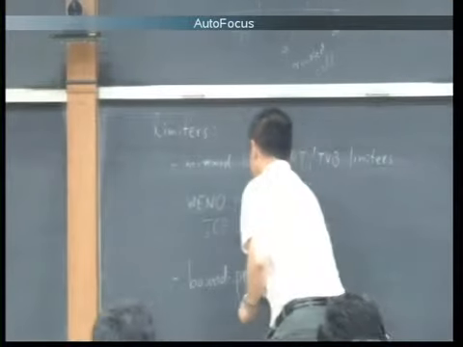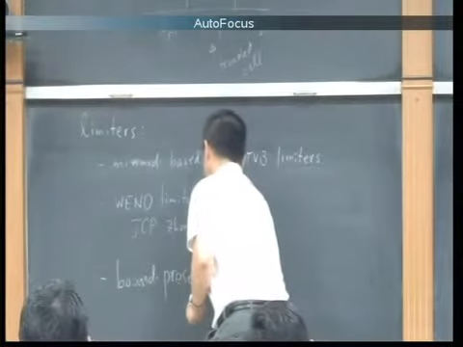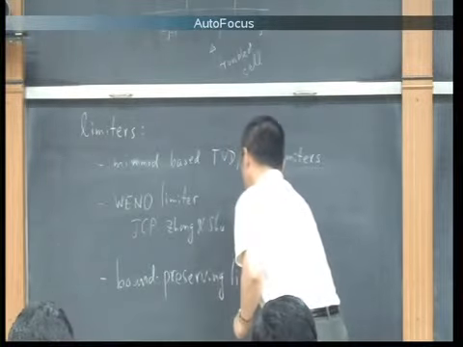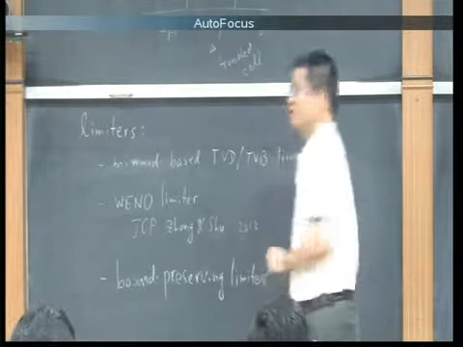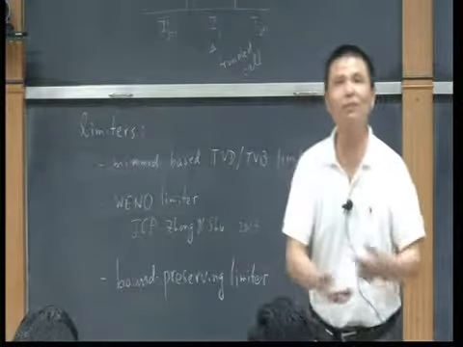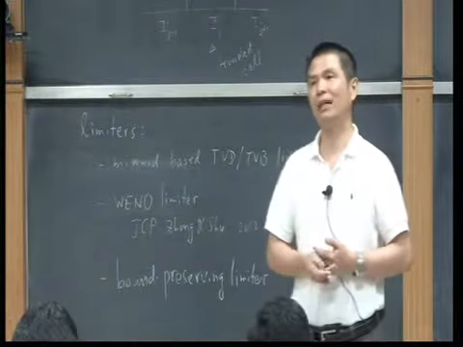You can put it into this category. So it is bound preserving, which means that, for example, if your PDE has a maximum principle, then it maintains the maximum principle.